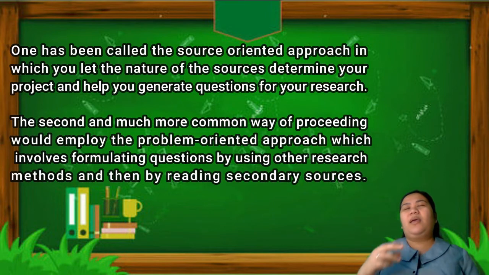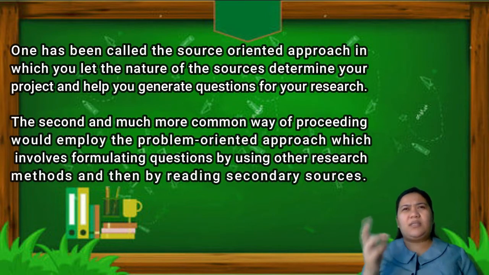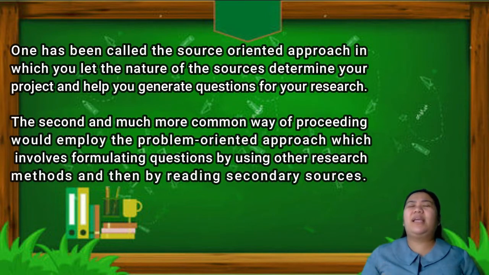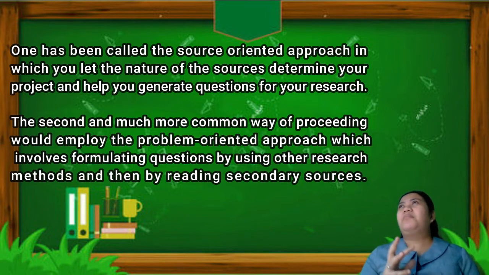So the difference between the two is that in the source-oriented approach, the researcher should be part of the environment or of the institution first, whether it would be education, scientific research, medicine, or agriculture.